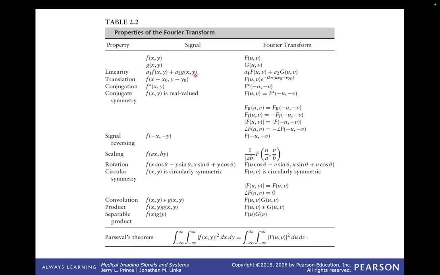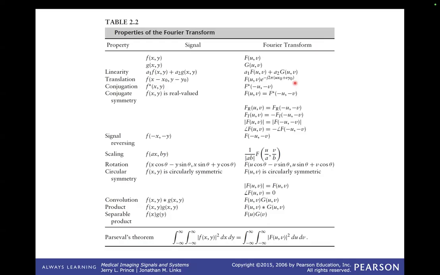We already looked at what a linear system is, and we saw that the Fourier transform is linear, so I really only have to know the individual Fourier transforms to get my sum. We just looked at translation: the Fourier transform of a function that's translated is the original Fourier transform multiplied by this phasor. That's very convenient.